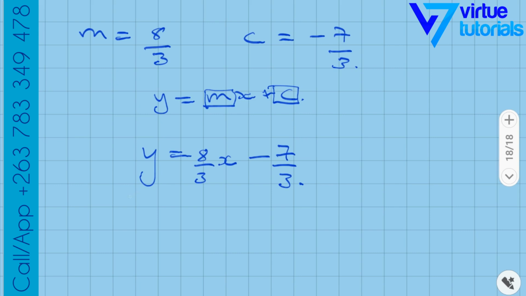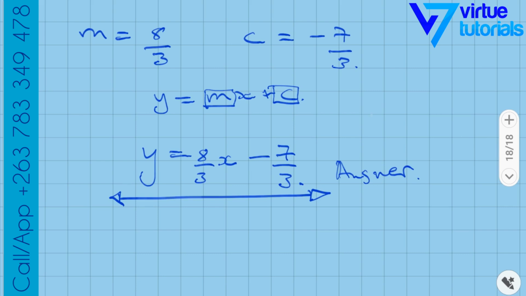So that right there is our equation of the line. y is equal to 8 over 3 x minus 7 over 3. That is it. That's your answer.